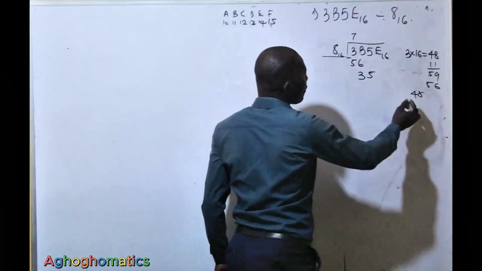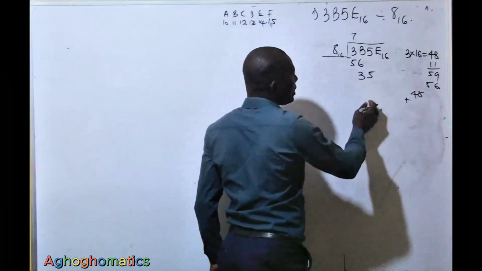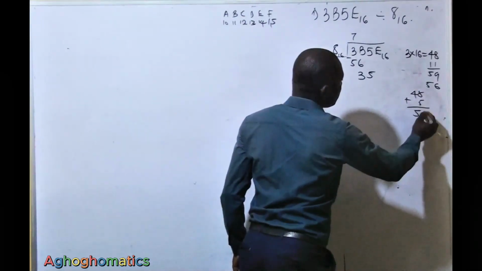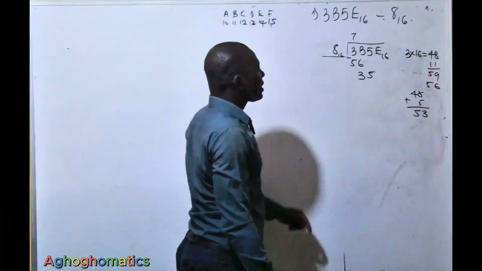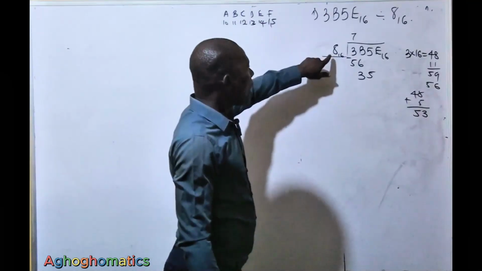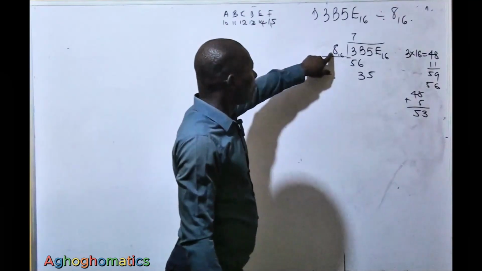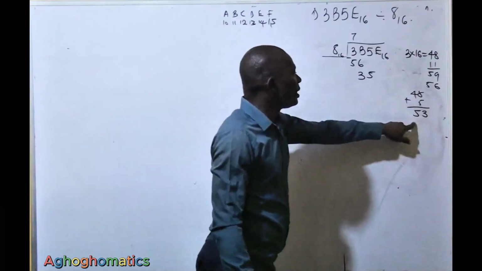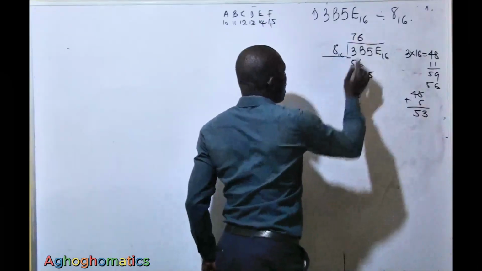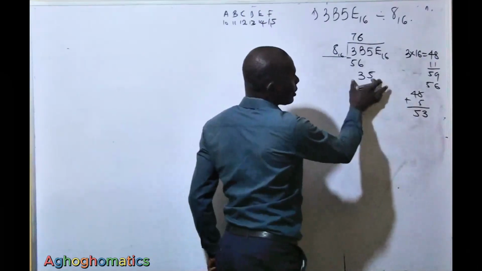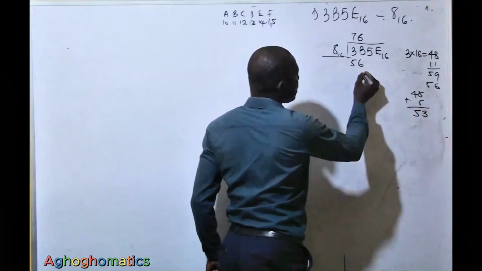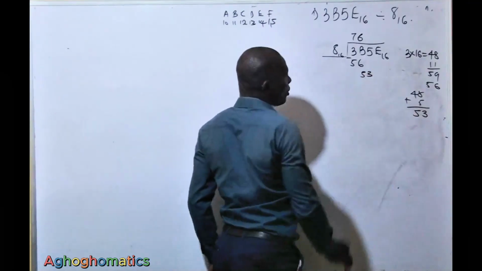Then we add the next digit to the right, 5, and this gives us 53. So how many 8s are contained here? Definitely it's going to be 6. So the number that is supposed to be here is 53, not 35, because of the basic operation.